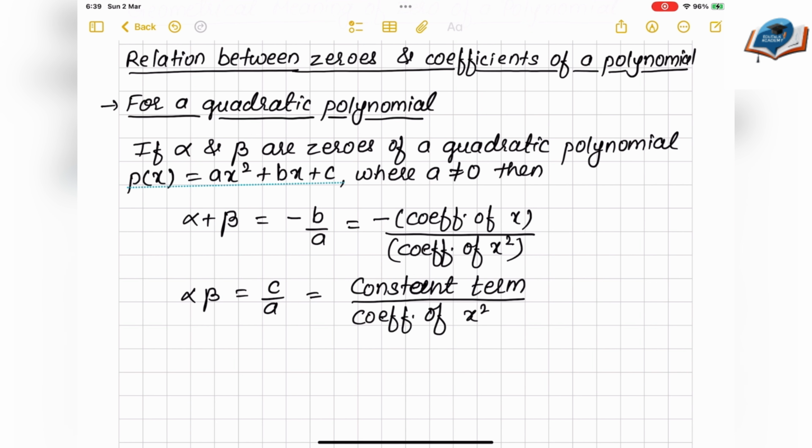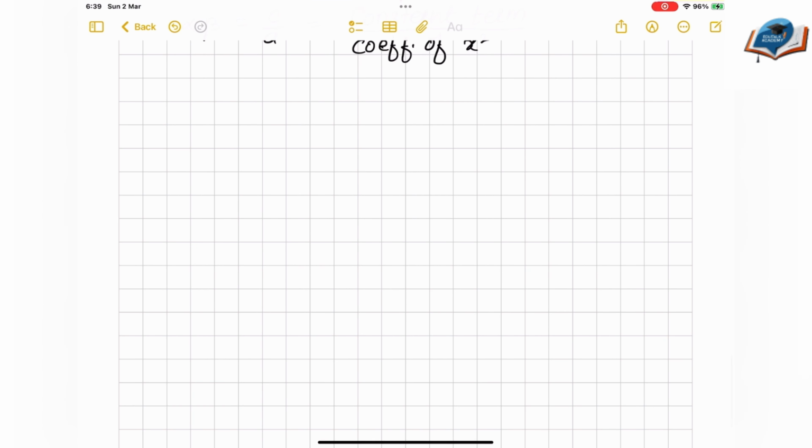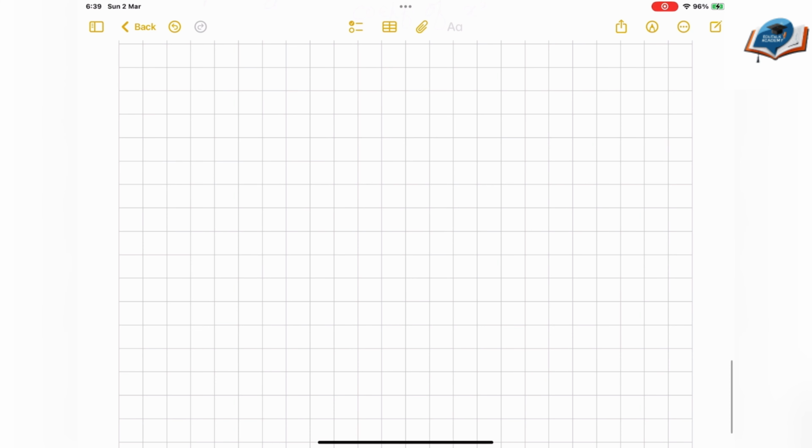Then if I am given zeros and I am asked to form an equation, for that also let us understand formation of a quadratic equation.